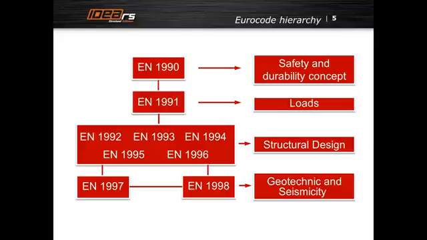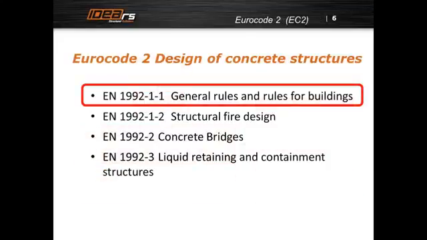We will be focusing on Eurocode 2 in this presentation, and especially Eurocode 2 part 1-1, which is Eurocode for general rules and rules for buildings. We have implemented also EN 1992-2 in our software for concrete bridges. And there are also other parts as you see on the screen.